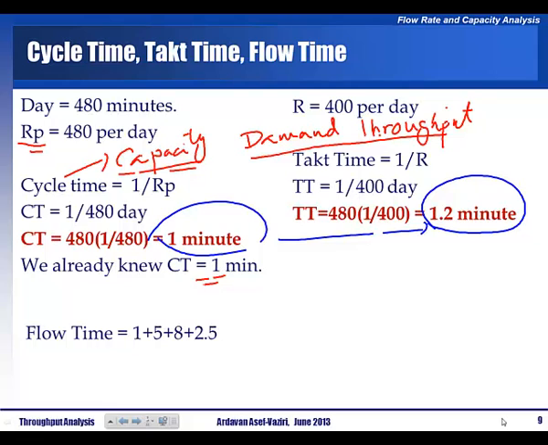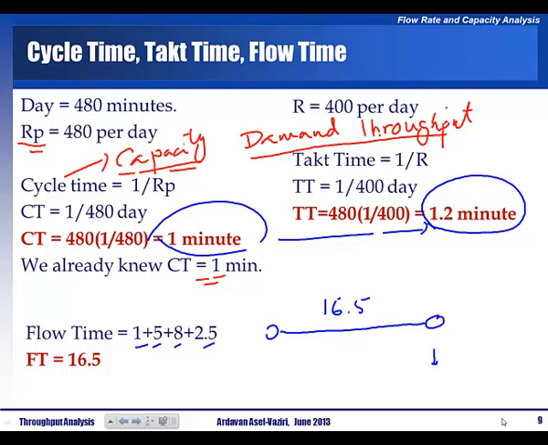Flow time, as usual, is the summation of the time in different stations, and that is 16.5. So each unit of product which enters our system will theoretically be there at least 16.5 minutes.